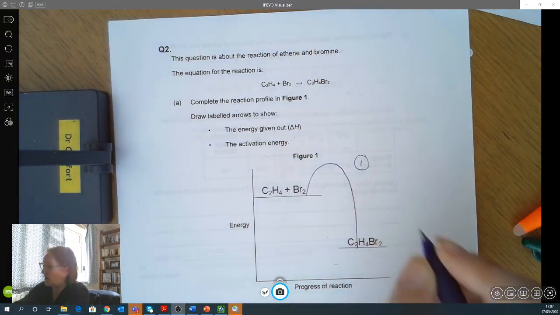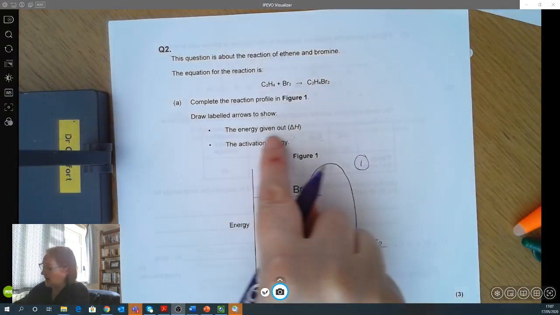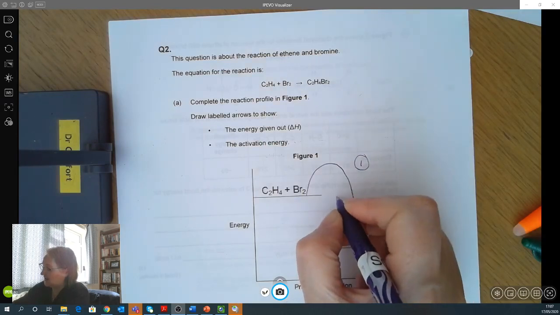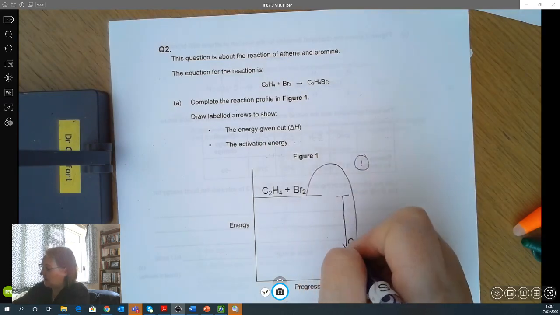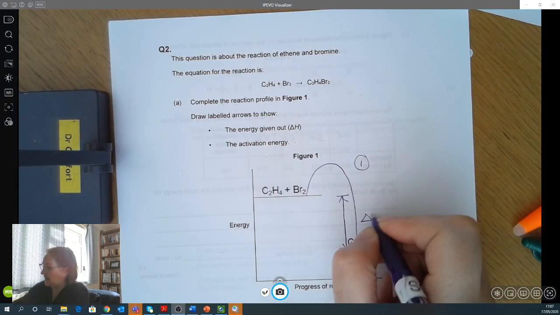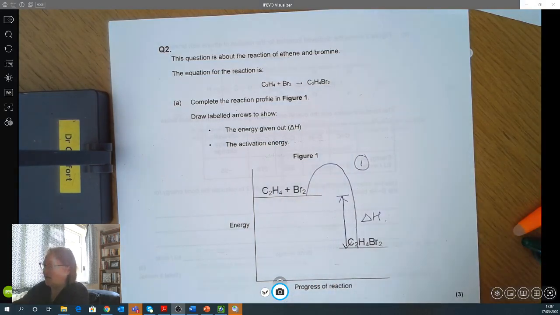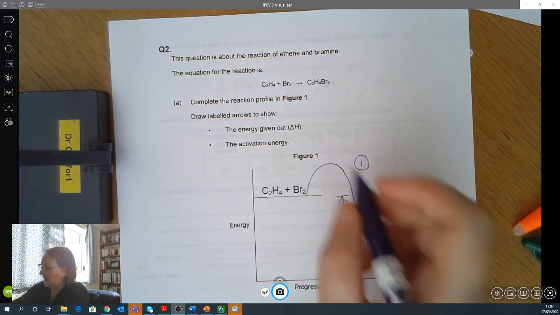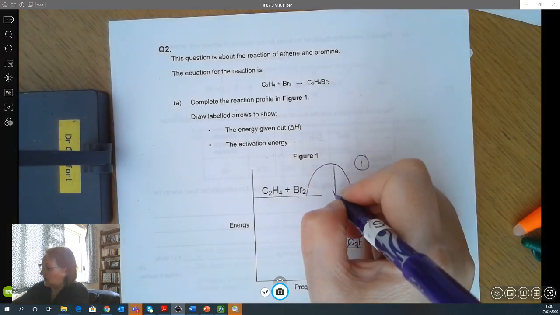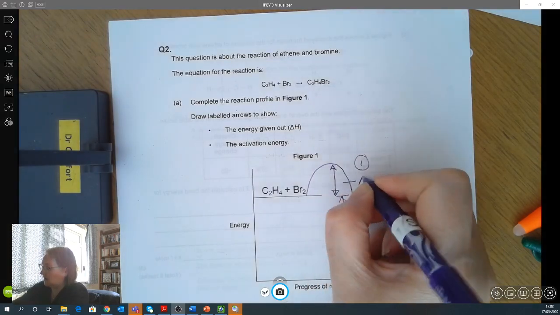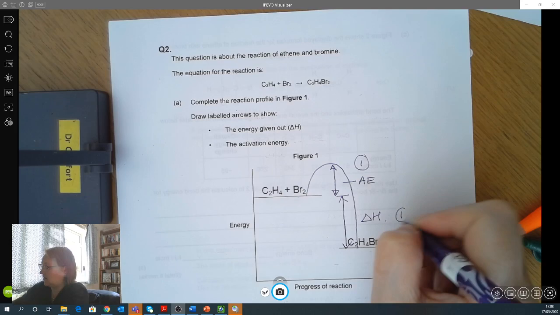That's only 1 mark. And it's also asked me to label the energy given out, which is the difference between the reactants and the products. So that's the energy given out, or delta H, and then the activation energy, which is this energy here. That would be the other 2 marks.